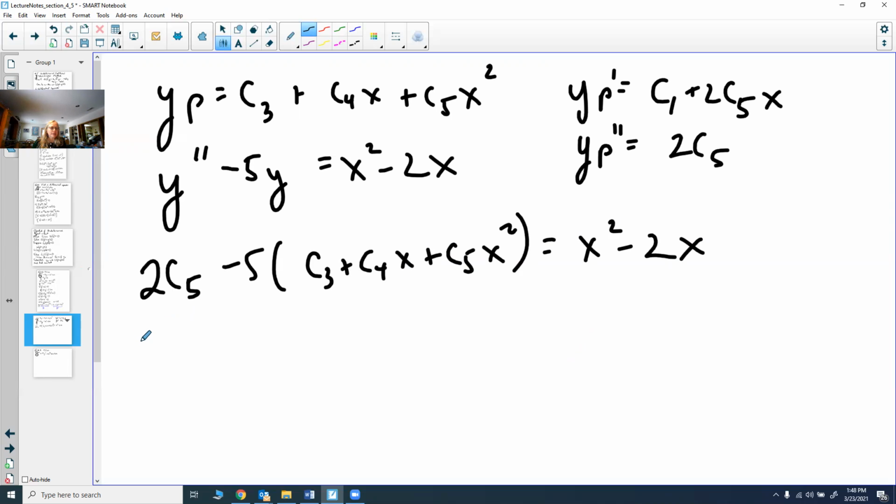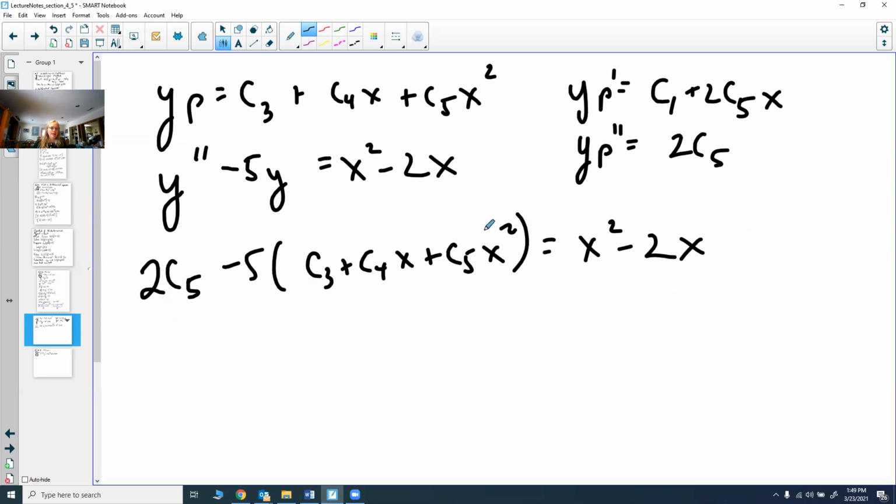A really neat thing is that the coefficients of your power functions on one side of the equation have to equal the coefficients of the power functions on the other side. For that matter, any functions. If you had e to the x on one side, you'd have to have that equal to the e to the x coefficient on the other side. Sine, cosine, all of that works out.